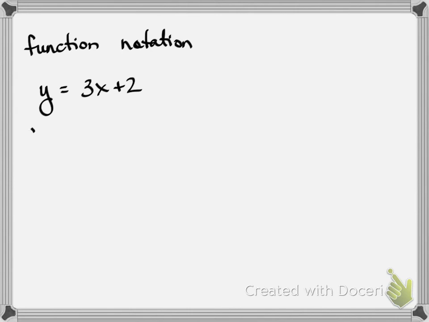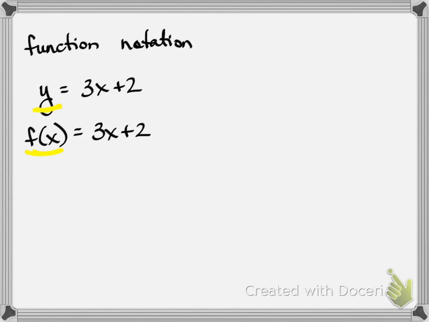And finally, that's going to bring us to this idea of function notation. You did this in Algebra 2. We might take it a little further, but instead of saying y equals 3x plus 2, we can use function notation and write f of x equals 3x plus 2. So instead of y, we replace it with f of x.